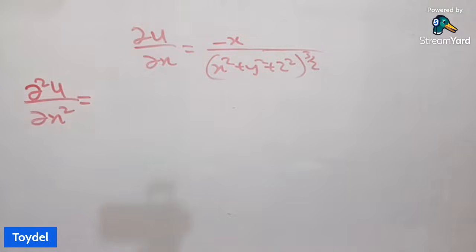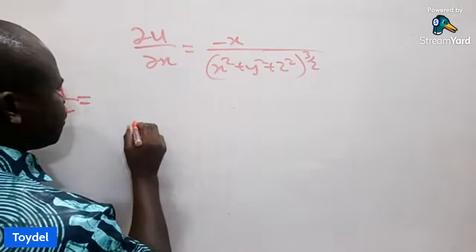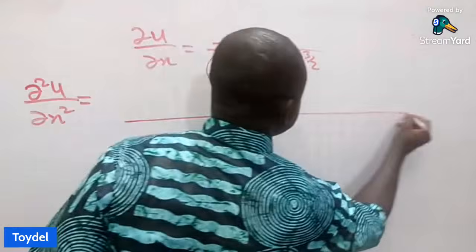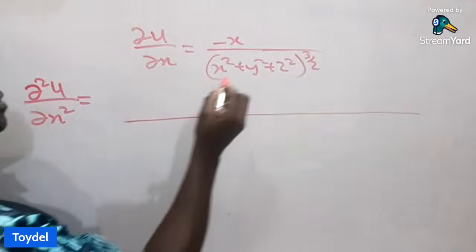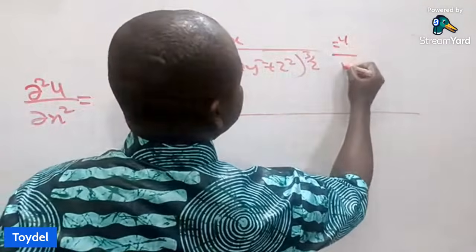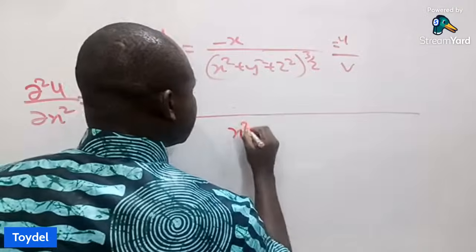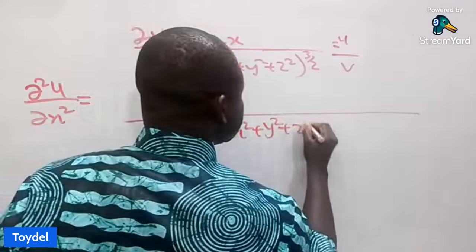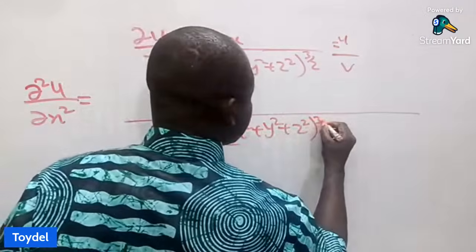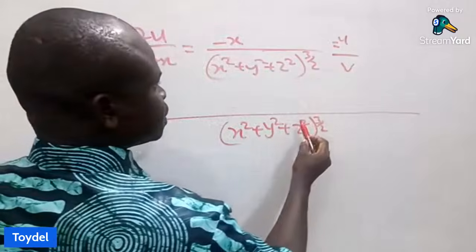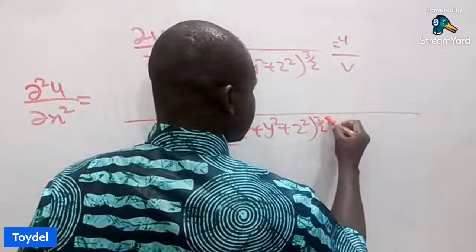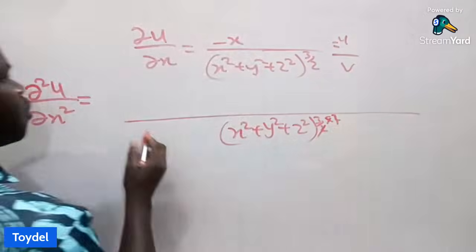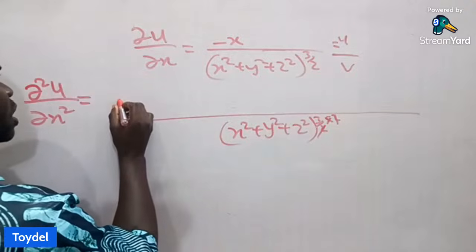Under the rule, the first one will be v squared underneath, because of v du minus u dv, so here will be u and the down one will be v. So we are going to have x squared plus y squared plus z squared, 3 all over 2. This is v. V squared will be what we have there, that is multiplied by 2. This will cancel this. So the formula says that we have v, what is v?